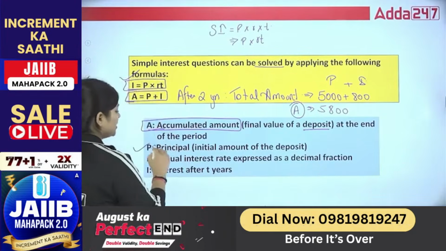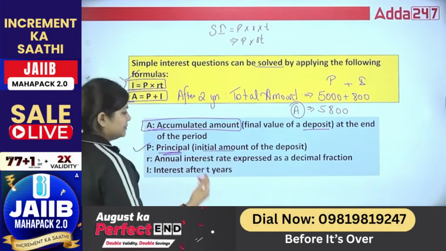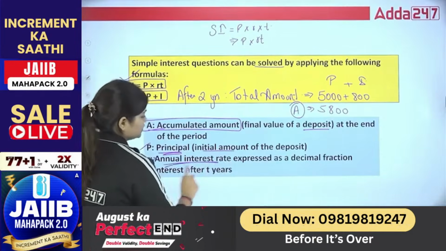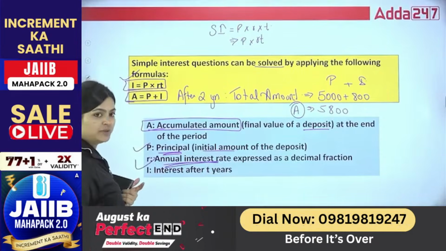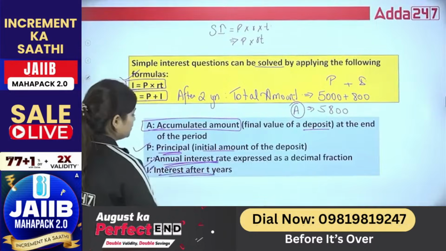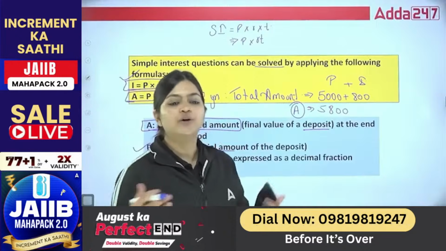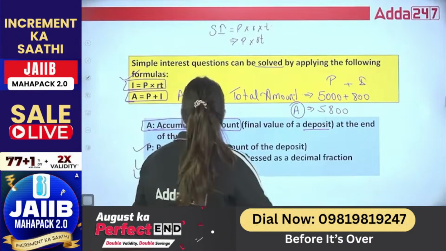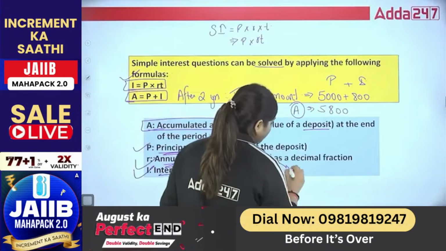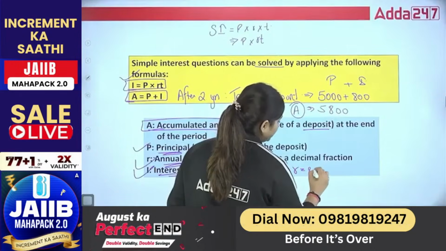Then P is your principal amount, the initial amount of the deposit. R is your annual interest rate, expressed as a decimal fraction, and I is your interest after T years. What is the interest you are going to charge or receive? Now, when we are talking about R, R means 8%.